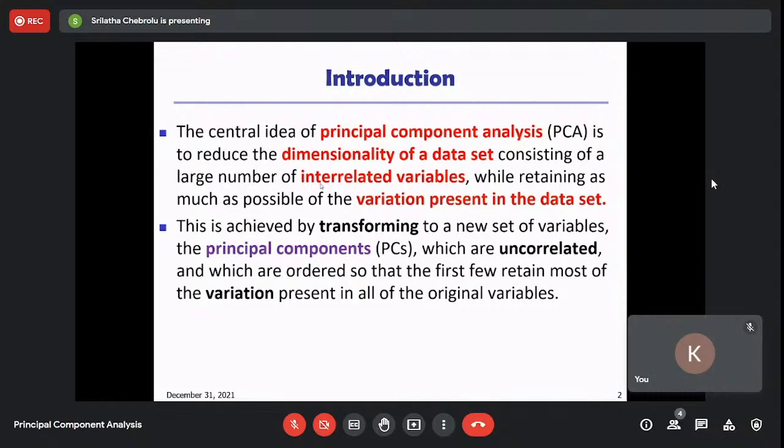It is used for reducing the dimensionality of the data set while retaining as much as possible of the variation present in the data set. What is variation? Let us take your marks in some subject out of 100.